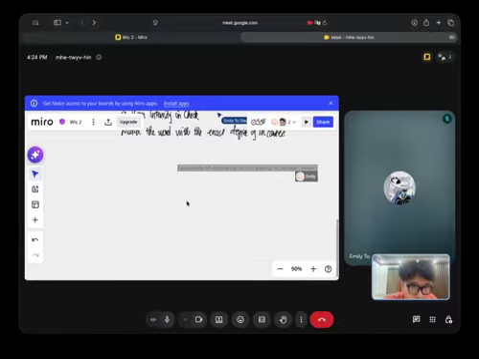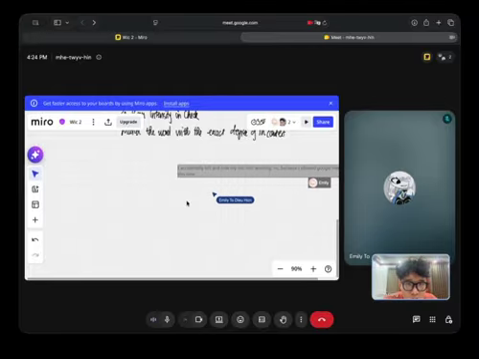Google Meet this time. So can you do something to turn the mic on?